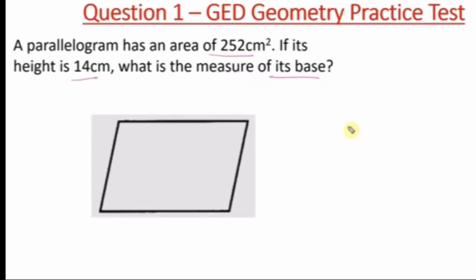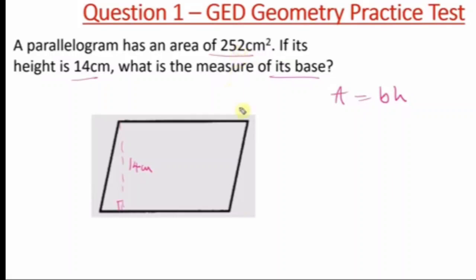It would be on your dashboard, so you don't need to memorize any formula. From our formula sheet, the area of a parallelogram is A equals base times the height. So if the height is 14 centimeters, what is the base?